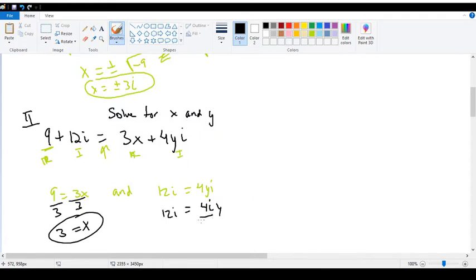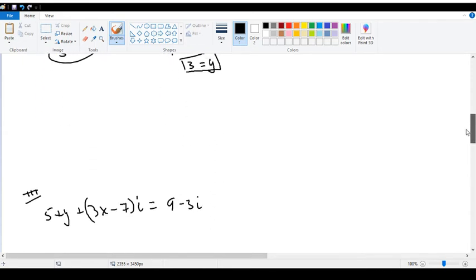And the opposite of that is to divide by 4i on both sides. So 4i divided by 4i is just 1, so y equals 12i divided by 4i, and i divided by i is just 1. I end up with 12 over 4, which is equal to 3. So coincidentally, both x and y are equal to 3.